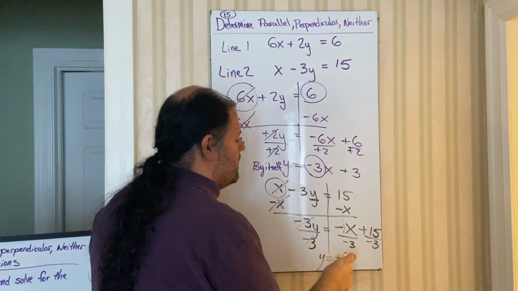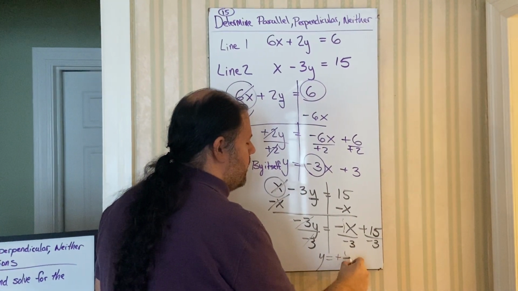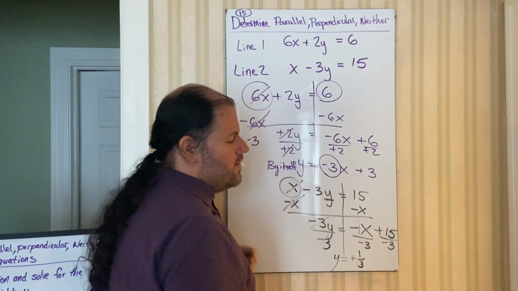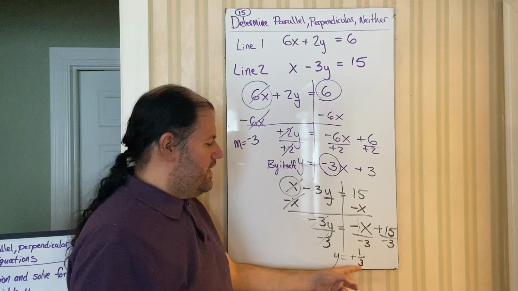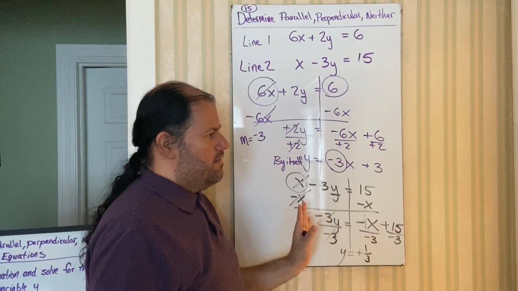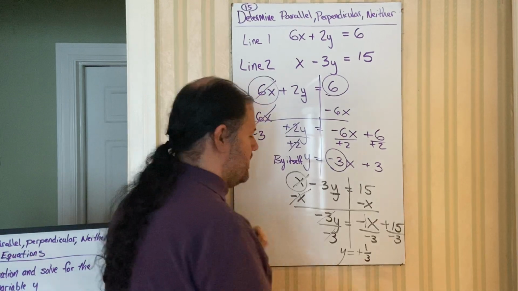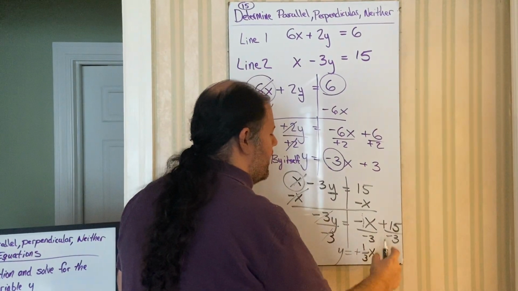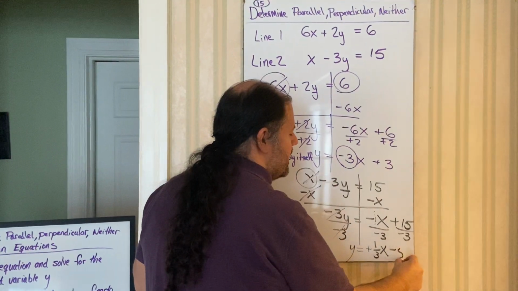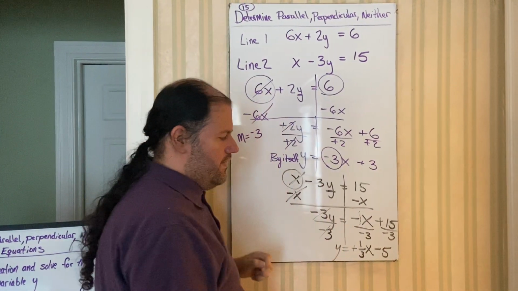So make sure you keep it as a fraction instead. 1 over 3. You can't reduce this because 1 you can't break down any further, and 3, you can't break down any further, so they can't cancel out. The x, just push it to the side because it's on top. And then positive divided by negative, you're going to get a negative 5.